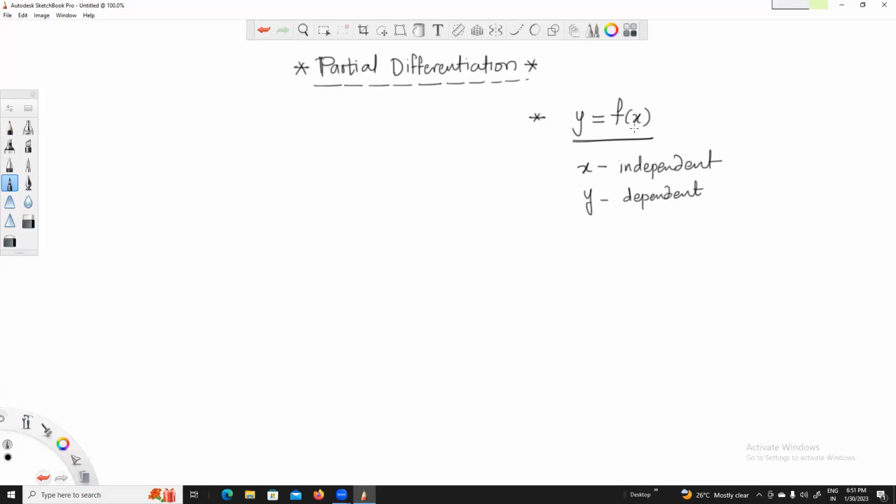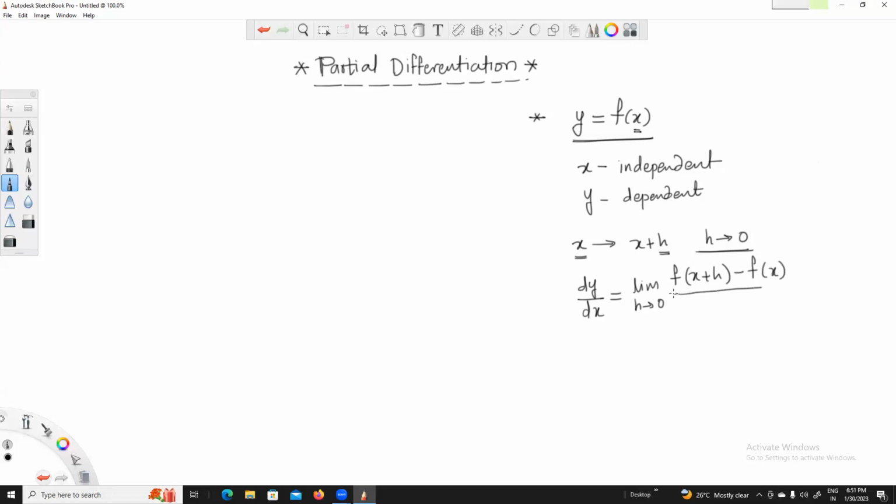And we know the basic definition of differentiation or derivative. Suppose I perturb or change the value of x by a small value delta x. Suppose I change x to some value x plus h, where h is tending to 0. If I perturb the value of x by a small amount h, almost tending to 0, then y is going to change. The rate of change of y with respect to x is called its derivative, which we usually write as dy by dx. dy by dx is equal to the limit as h tends to 0 of the function value at x plus h minus the function's value at x itself.